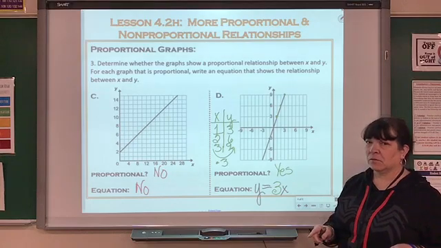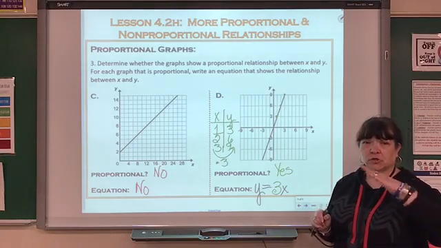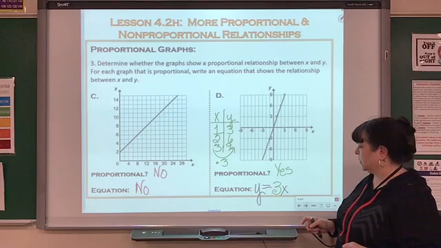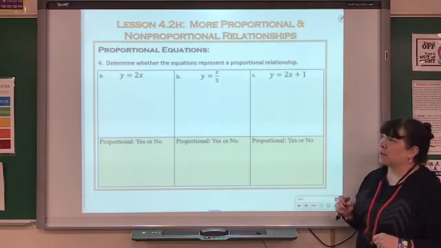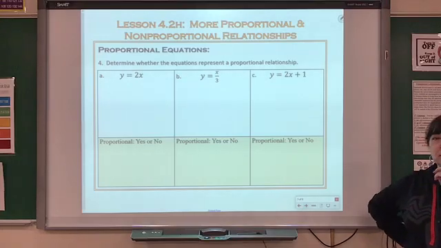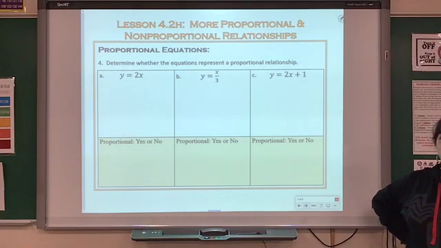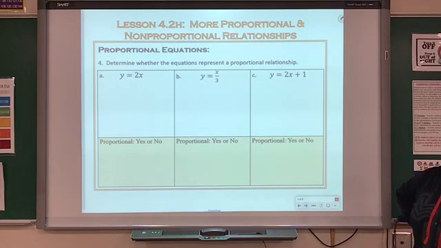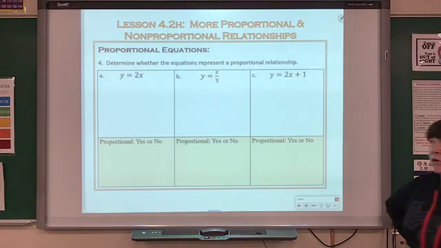So, graphs: a straight line going through the origin or starting at the origin. All right, equations. Now equations, we said, need to be y equals some number times x. We're just going to decide if that is proportional, yes or no.